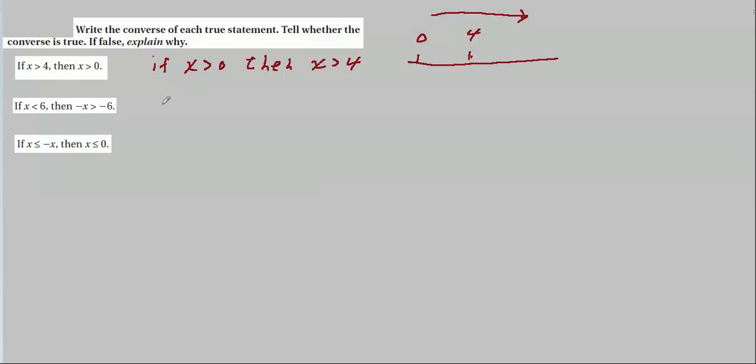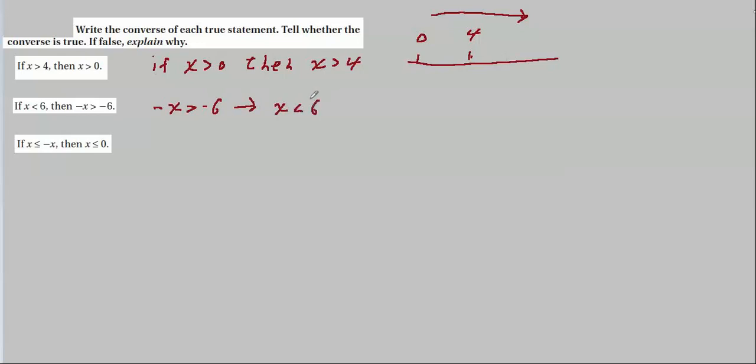Well, let's see. The converse would be if minus x is greater than minus 6. Let's try the implication symbol this time. That implies that x is less than 6.